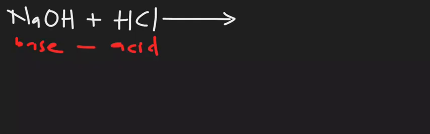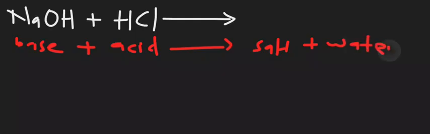So when a base reacts with an acid, it normally forms salt and water as the main products. Now, what is the name of this salt that we'll be having? The name of the salt is derived from the name of the metal in the base and the name of the, let me say, radical or anion in the acid.